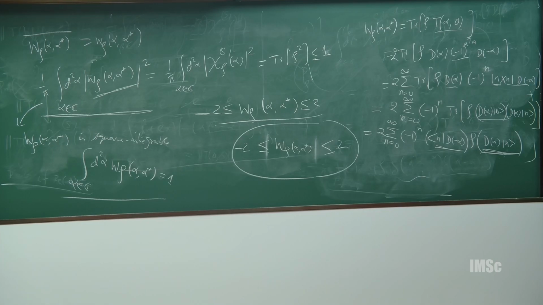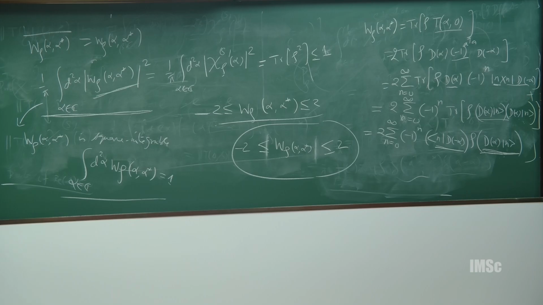So, what one can prove is that if I integrate out dp of W_rho(x, p), this can be negative, of course, this can be negative. So, to make our life easier, let me take rho to be a pure state, okay. So, if I integrate, so this is the marginal.